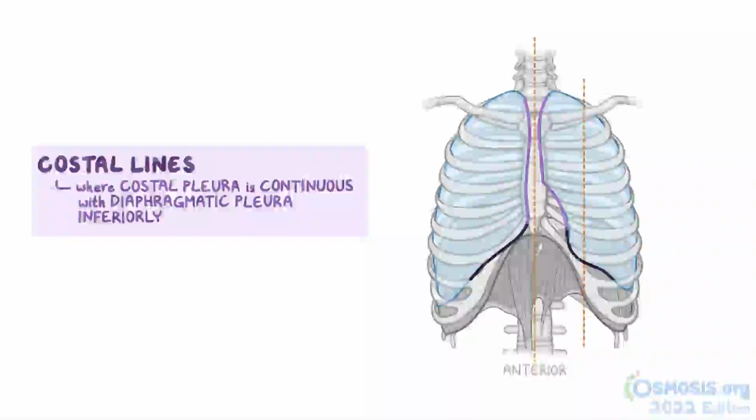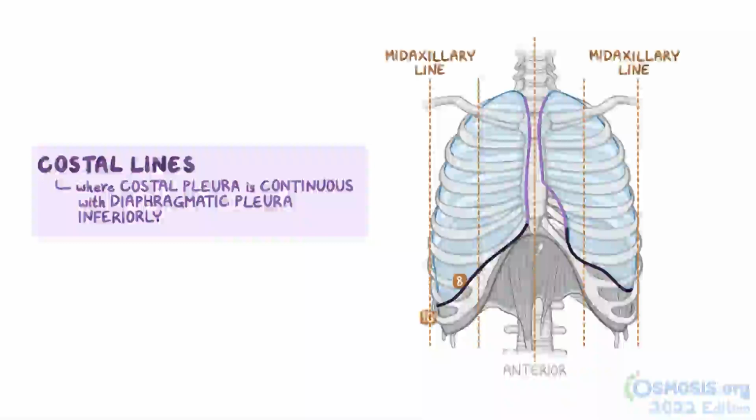Other than this, the right and left costal lines are symmetrical. They continue to descend posteriorly, and then they make a turn around the 8th rib at the midclavicular lines, and then another turn in the 10th rib at the mid-axillary lines, and then become continuous posteriorly with the vertebral lines at the necks of the 12th ribs.